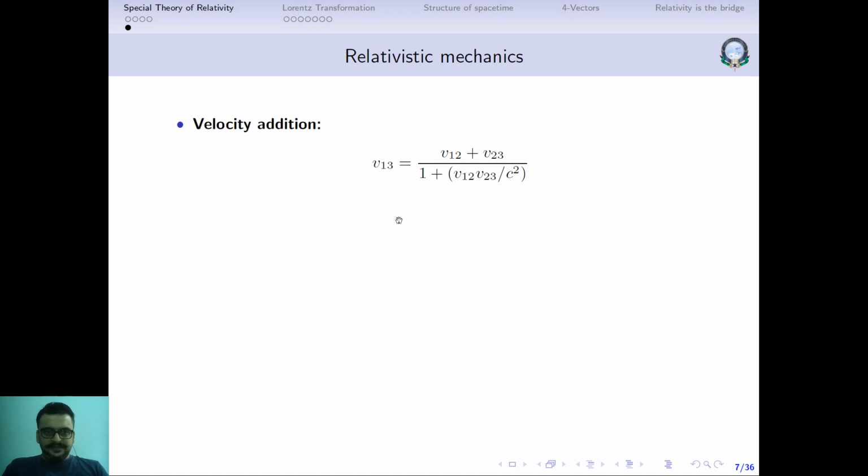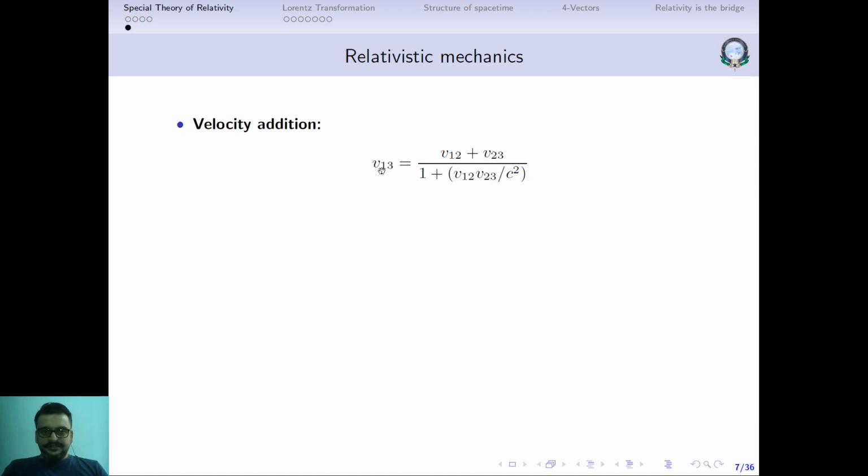So we have the velocity addition equation, and it changes. Suppose I have three different bodies, 1, 2 and 3. 1 and 3 are moving and 2 is stationary. Then we can find the velocity of 1 with respect to 3, the velocity of one moving body with respect to the other moving body, using this equation.